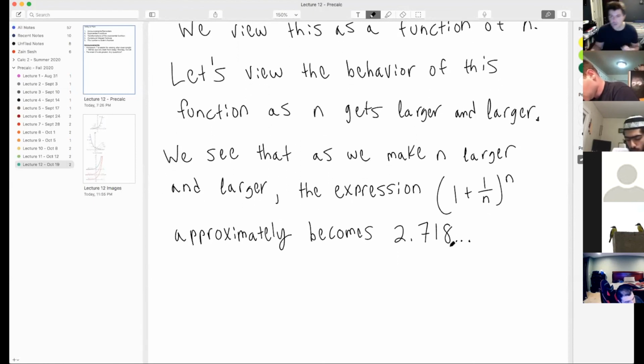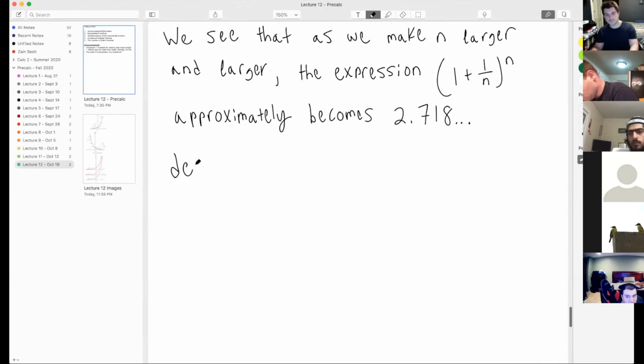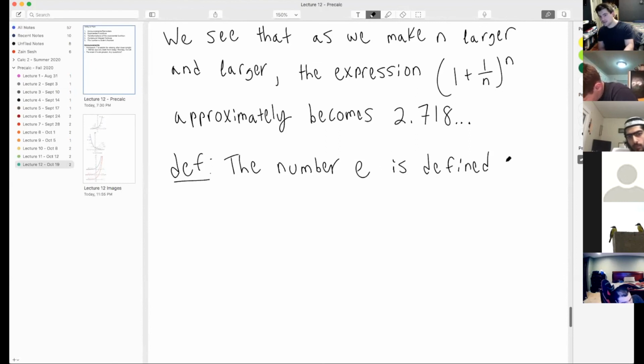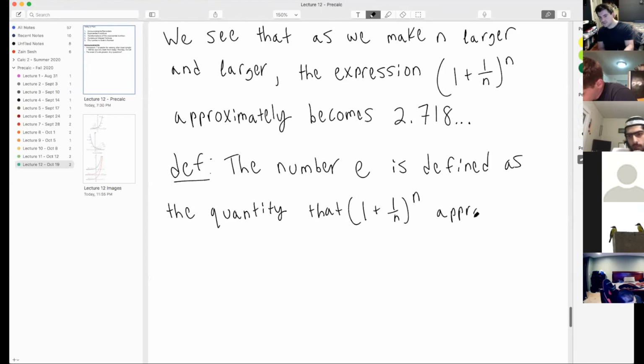Okay, good. So we're now ready to state the formal definition of E. So, definition. The number E is defined as the quantity that 1 plus 1 over n to the nth power approaches as n approaches infinity.